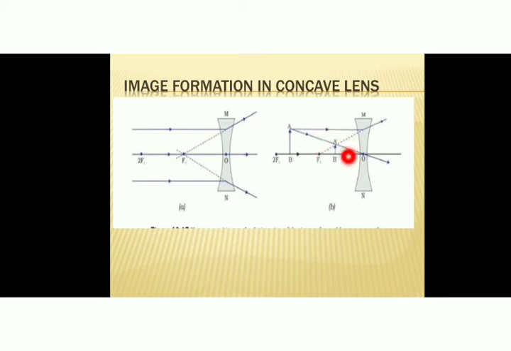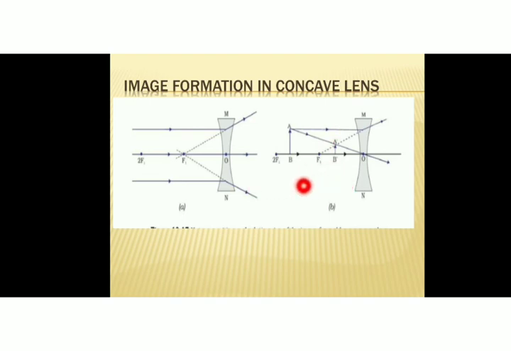This image is not formed by the actual intersection of two refracted rays. The refracted rays appear to pass through this point. So this will be a virtual and erect image. And what about the size of the image? A dash B dash is smaller when compared to the size of AB. So we will get a virtual, erect and diminished image.